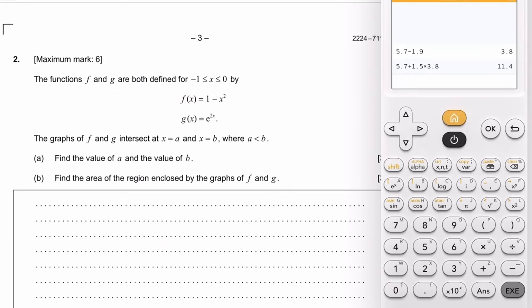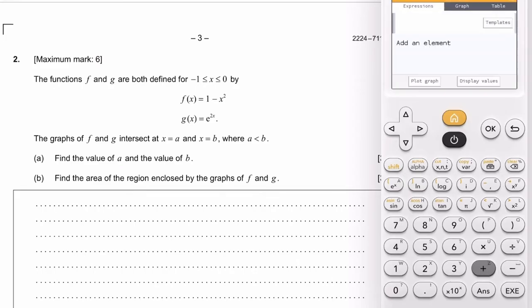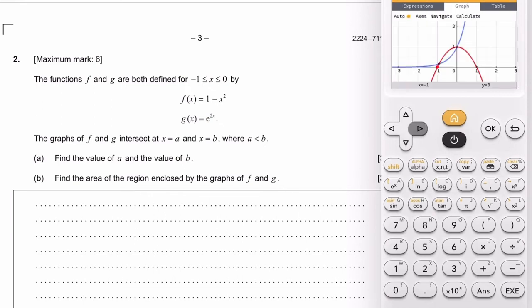Question 2 is also all calculator. You just type in both functions, e to the power of 2x, and then graph, and then ask for the intersect.